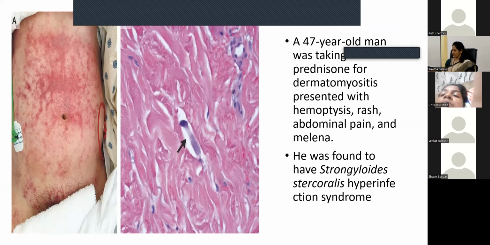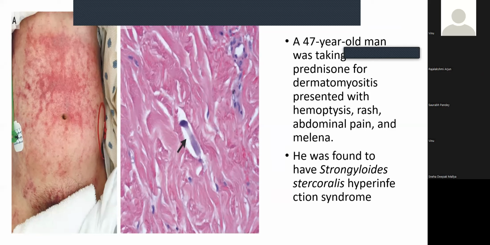It requires prompt therapy, and any delay in treatment will definitely lead to a fatal outcome. In these cases, ivermectin has to be given for a minimum of 2 weeks, right? And if the clinician is suspecting hyperinfection syndrome, then a large number of larvae will be seen in the stool, and sometimes the larvae are also present in the sputum of the patient, right?